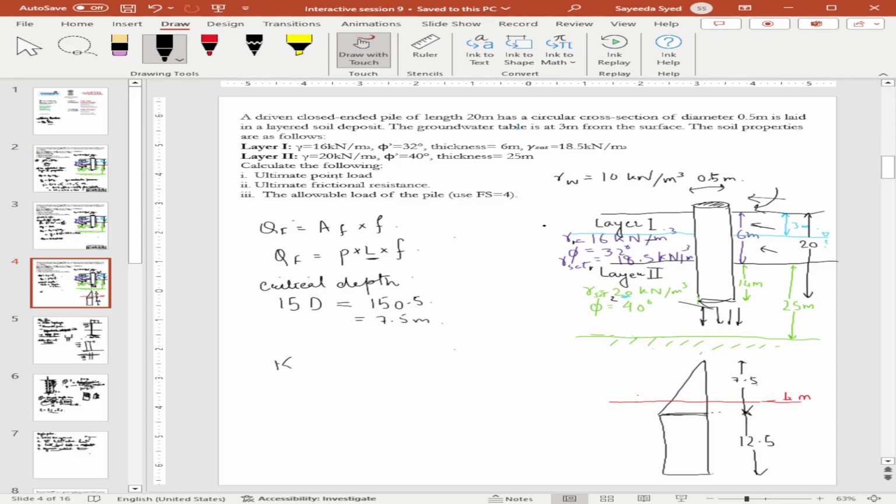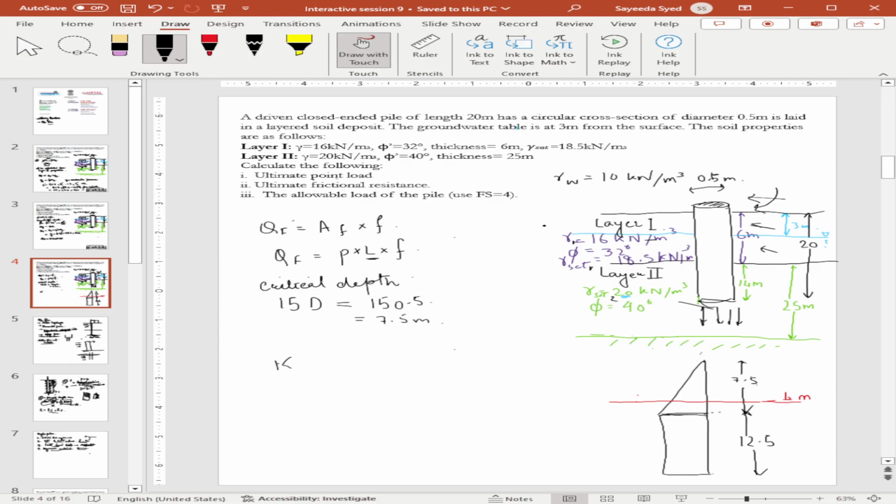So our pile type, if it is bored or jetted, our K is approximately equal to 1 minus sine phi dash.